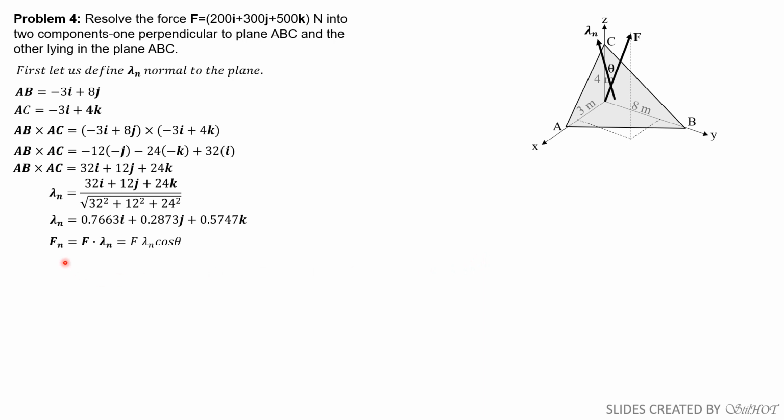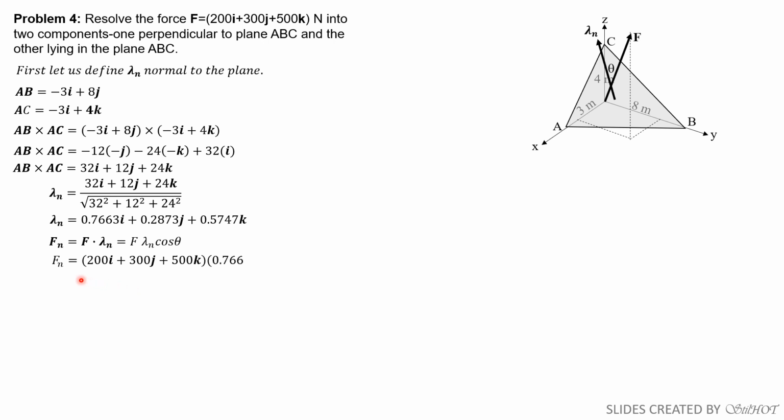So Fn is F dot lambda n, which is F lambda n cosine theta, where lambda n is equal to 1 in magnitude, so F cosine theta is Fn.